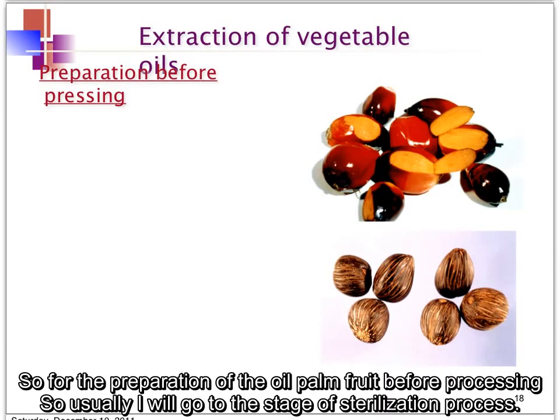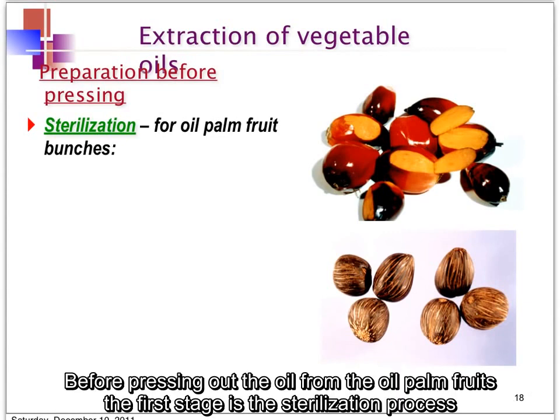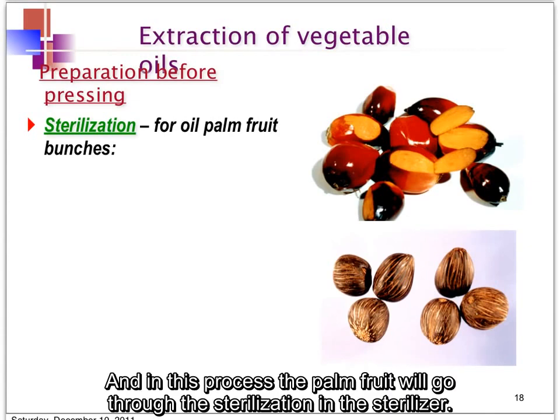So for the preparation of the oil palm fruits before processing, we usually go through the sterilization process. Before pressing out the oil from the oil palm fruits, the first step is sterilization, in which the fruit goes through the sterilizer.